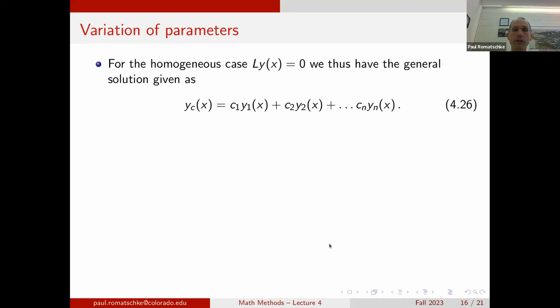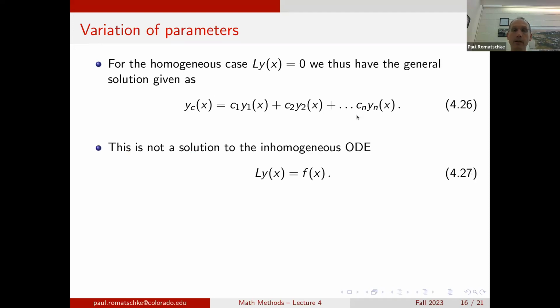Having these solutions at our disposal, we can construct a general solution for the homogeneous case, which is the combined version of these n independent solutions y1 to yn with constant coefficients c1, c2 all the way to cn. Obviously, this is a solution for the homogeneous ODE, but not for the inhomogeneous ODE.